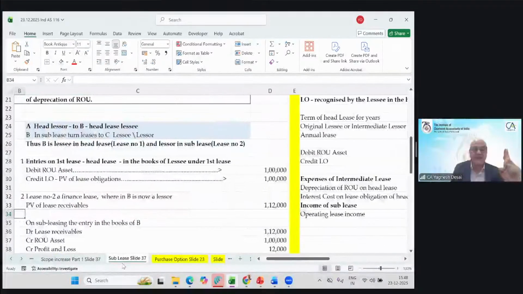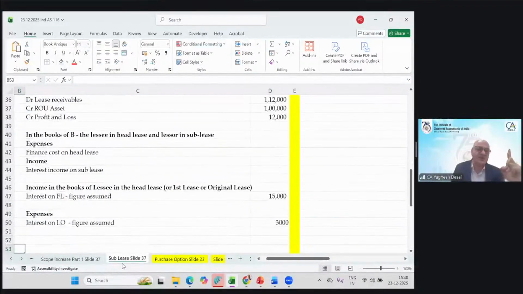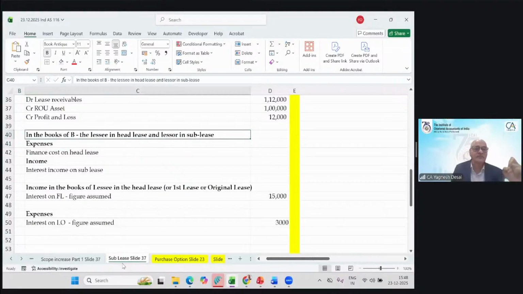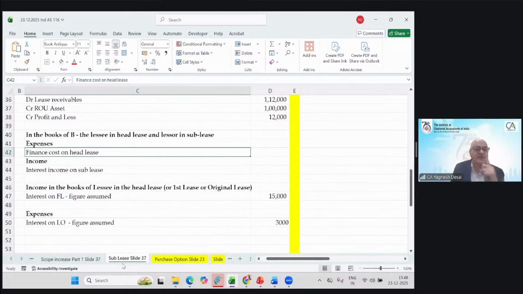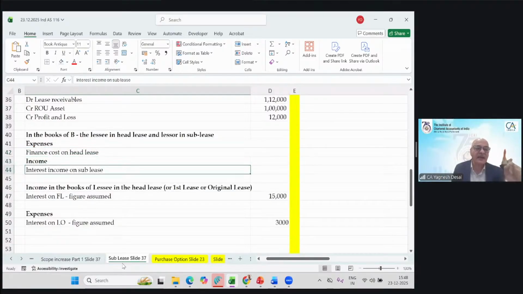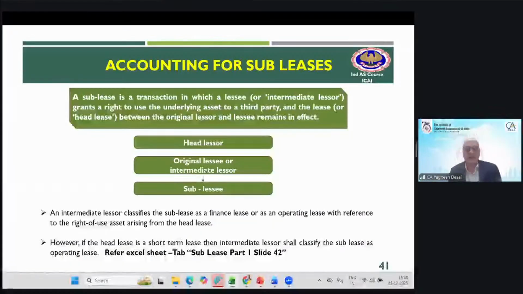But if the sublease is considered as a finance lease, see what happens. Since I have de-recognized the ROU asset, I don't claim depreciation on the ROU asset where the sublease is considered as a finance lease. I recognize finance cost on the head lease. I recognize interest in the sublease. Okay, sir, so this is where I stand.